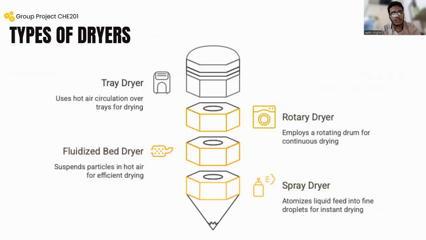So we are done with solid handling. Now we move on to types of dryers. First is the tray dryer, which uses hot air circulation over trays for drying. Another one is the fluidized bed dryer, also called FBD in short, in which particles suspended in hot air are used for efficient drying. Next is the rotary dryer, which employs a rotating drum for continuous drying and stirring. The spray dryer atomizes liquid feed into fine droplets for instant drying.